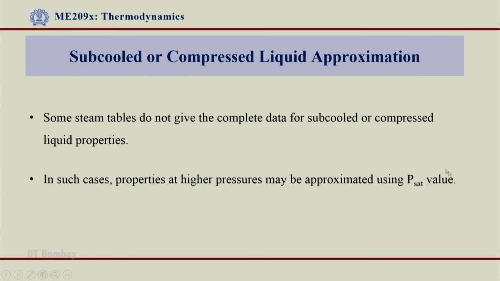So I need to take only the values at Psat, and assuming that the liquid is incompressible, I use the same values for further calculations. I hope you are clear with this. This is an approximation which we may not use, but I expect that all students of thermodynamics should know about it, just because of the fact that subcooled liquid is incompressible. Thank you very much.